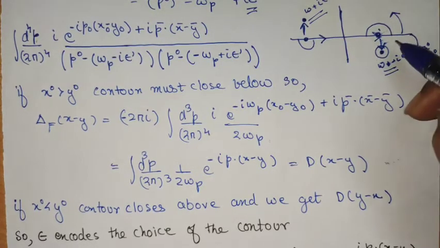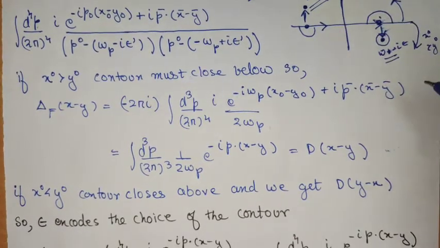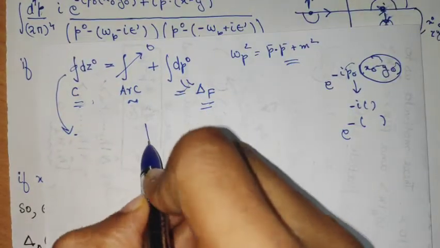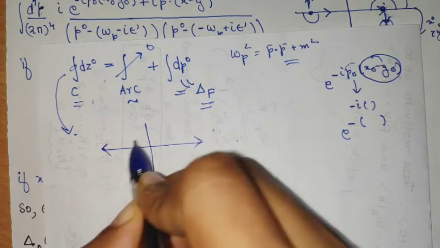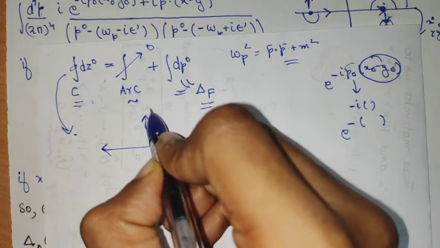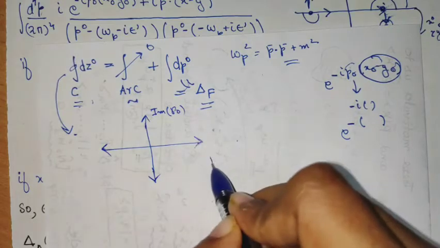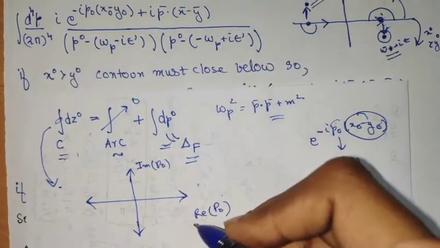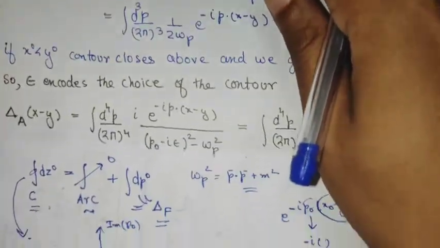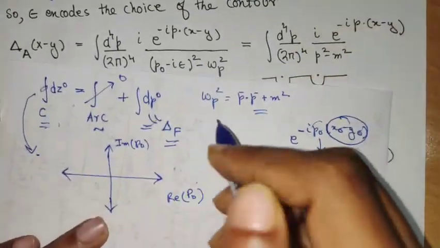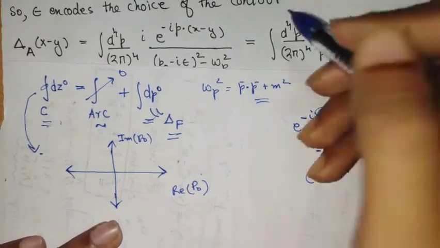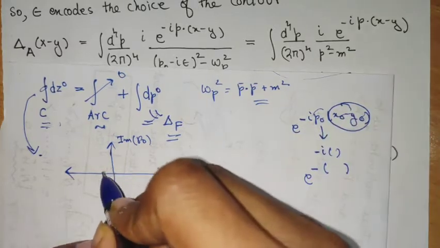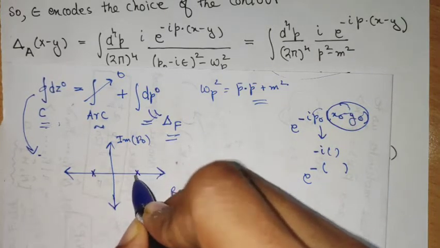But now, using this procedure, we can see something more. Let's try to see. If you have the imaginary axis p0 and the real axis p0, so 0 must be above in this case. And if you just take this particular integral without any contour, this integral means I have a pole here and here.